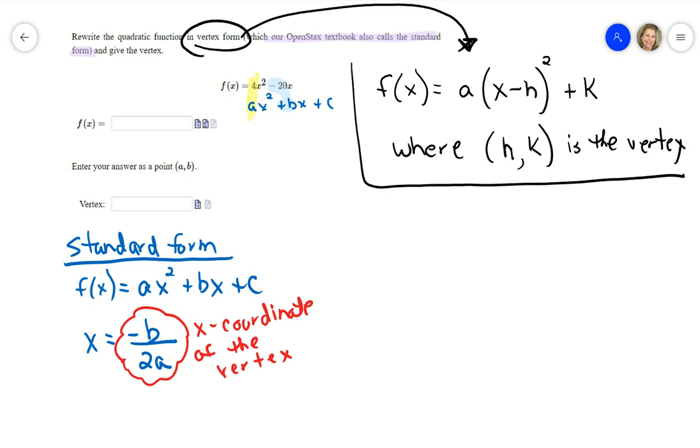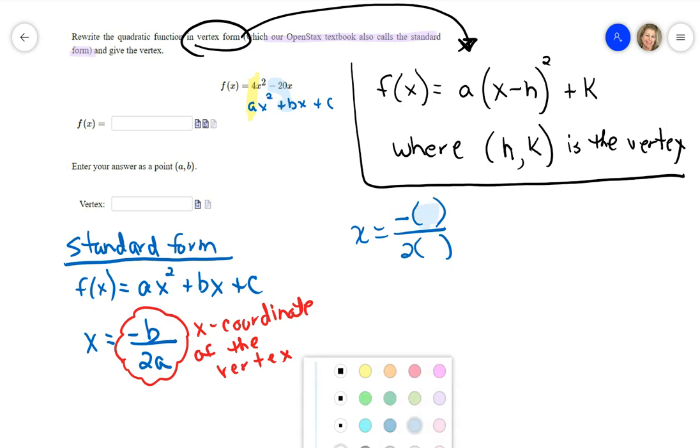So I'm just going to calculate, x is going to be negative b over 2 times a, and my b goes right here, and my a goes right here, and a was a 4 and b was a negative 20. So a negative and a negative makes it a positive 20.